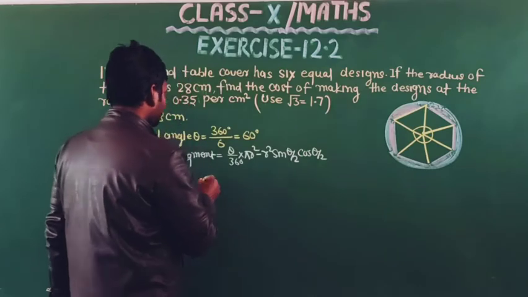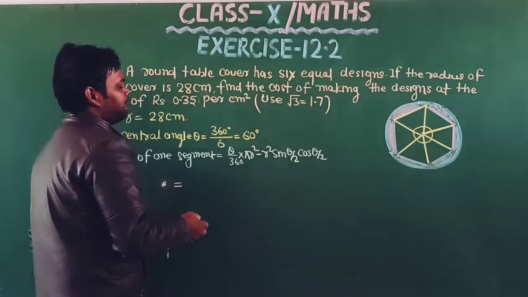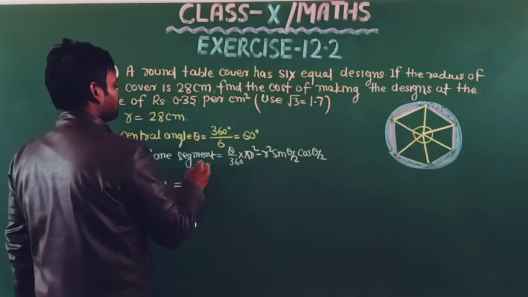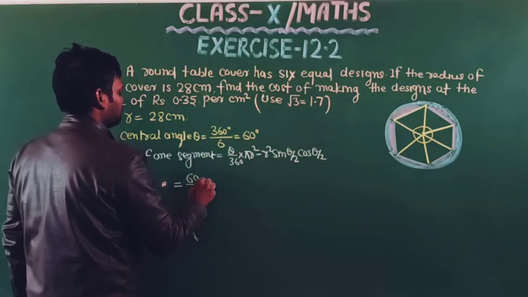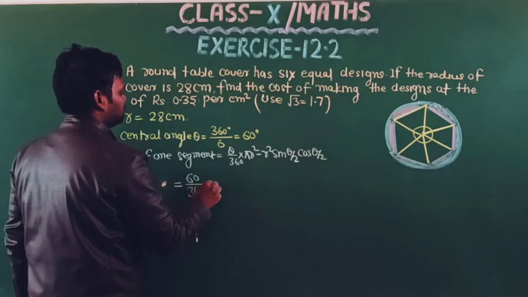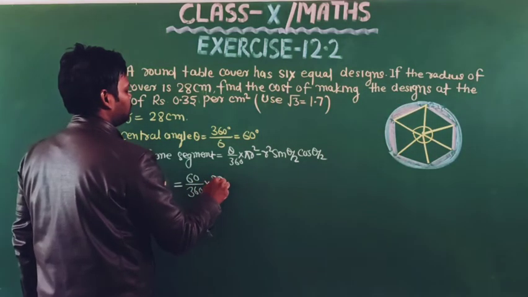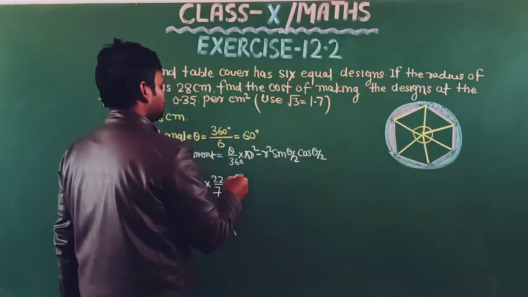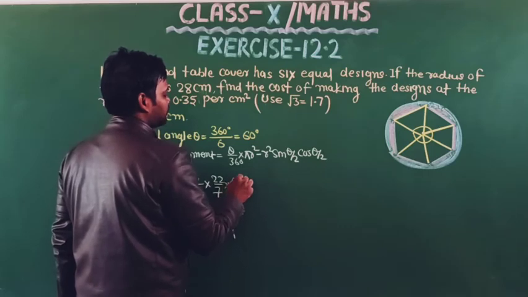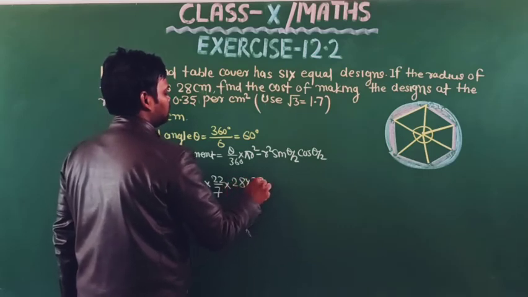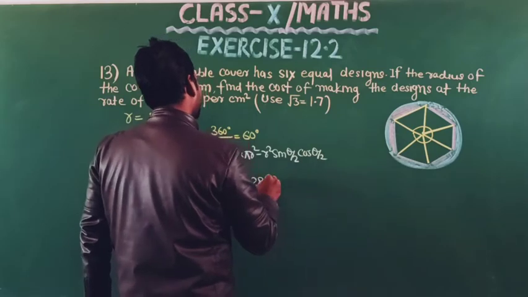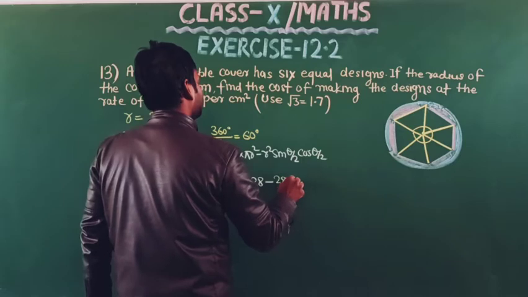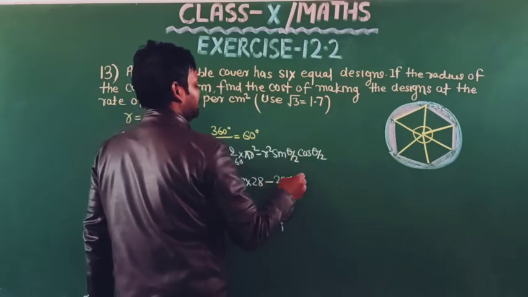So now substituting the values of theta, pi and r. Here theta is 60, so this is 60 upon 360 into pi is 22 by 7 into r is 28, so 28 into 28, minus again radius is 28 into 28 into sin theta by 2.